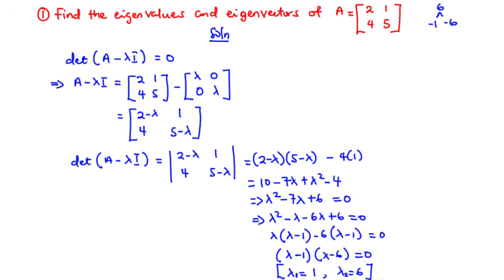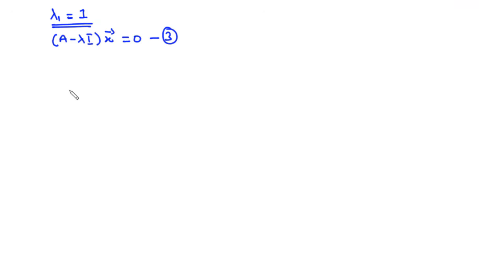Now let's go back to our solution for the eigenvalues. You realize that we had A minus lambda I to be the matrix 2 minus lambda, 1, 4, 5 minus lambda.